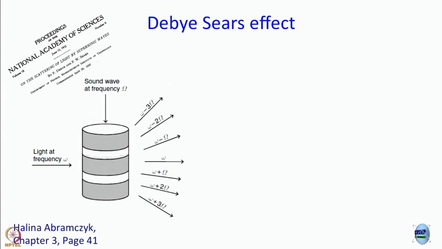Now, see, if you have something like this, a cylinder in which you have alternate regions of high and low density, does it remind you of something that we have discussed earlier, something that you know about? Well, it is like a grating, right? Or you can think it is like a series of slits.